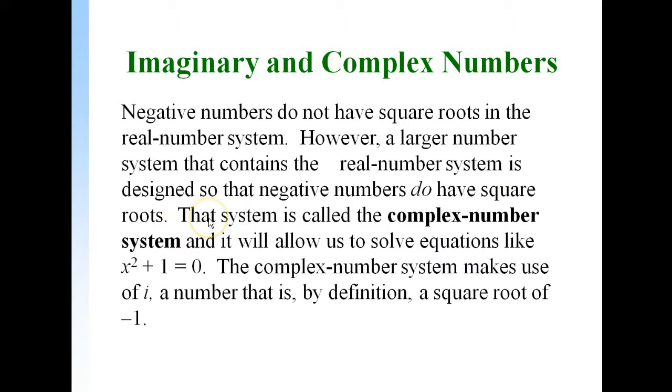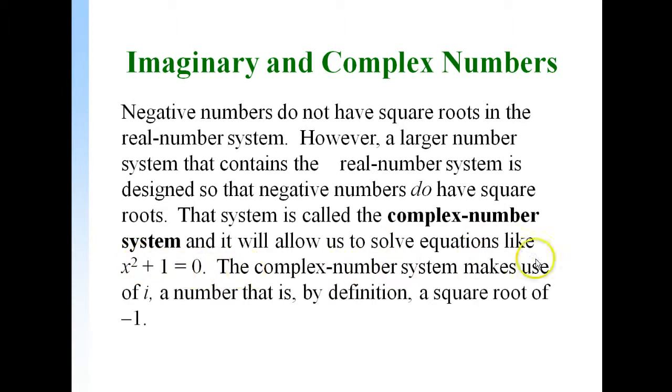The number system we've studied so far is called the real number system. This next level, larger number system is called the complex number system, and it will allow us to solve equations like x squared plus 1 equals 0.